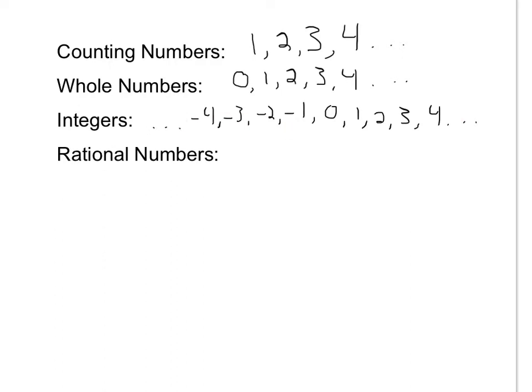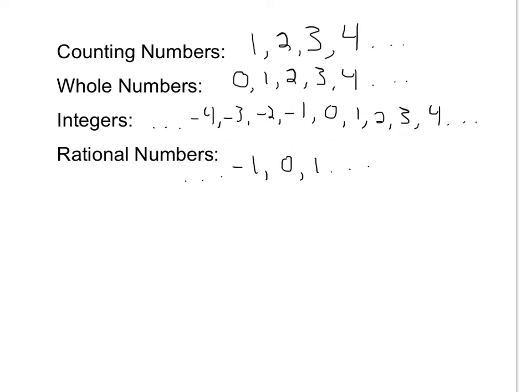Okay, rational numbers. Rational numbers are anything that can be written as a fraction, or some decimal numbers. So rational numbers, again, are all of these numbers. So let's do like negative 1, 0, and 1, and those patterns continue with all those numbers we already learned for rational numbers.